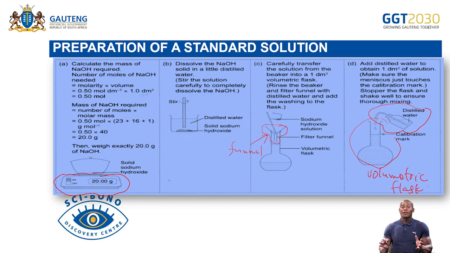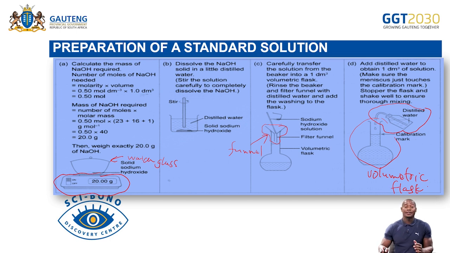Now we want to prepare a standard solution of sodium hydroxide with a concentration of 0.5. Where do we start? So this is also another thing that we need. In most cases, we use a watch glass.